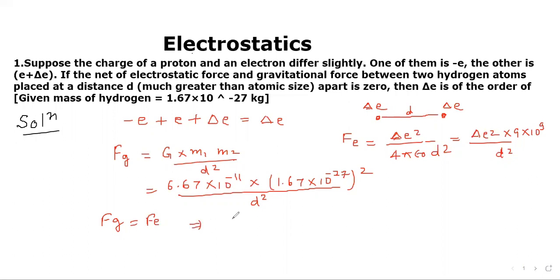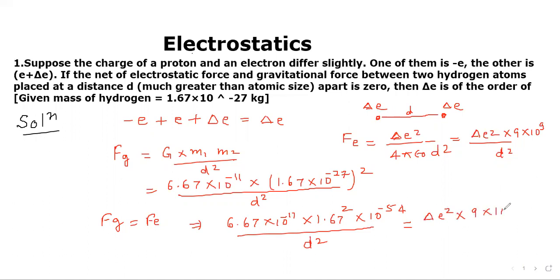So from here, 6.67 into 10 to the power minus 11 into 1.67 whole square into 10 to the power minus 54, divided by d square, will be equal to delta e square into 9 into 10 power 9 divided by d square. So from here we can get delta e square.